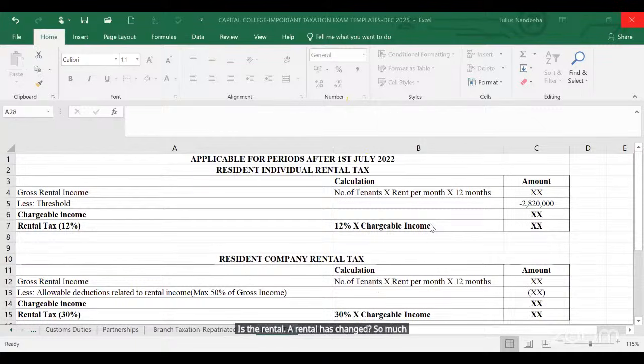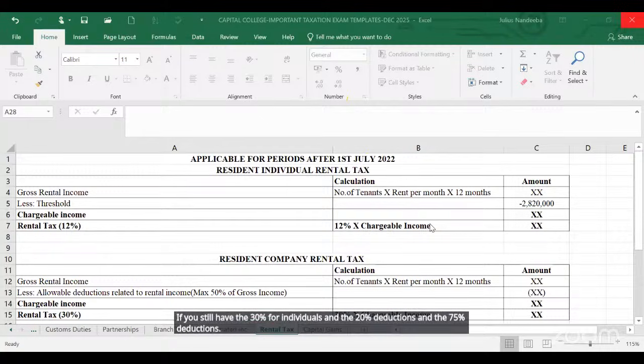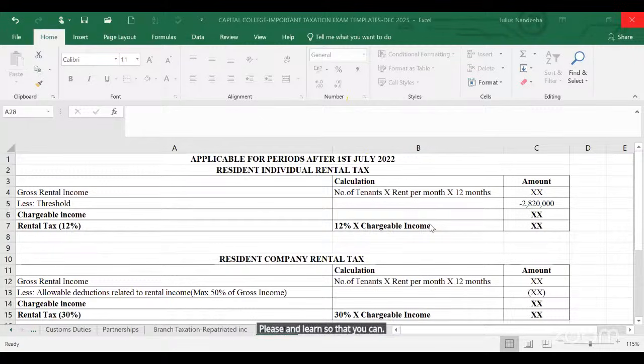So I want you to first unlearn, and then you can relearn. If you still have the 30% for individuals and the 20% deductions and the 75% deductions, please unlearn so that you can relearn. What I am teaching you now is what you're going to apply in the exam.